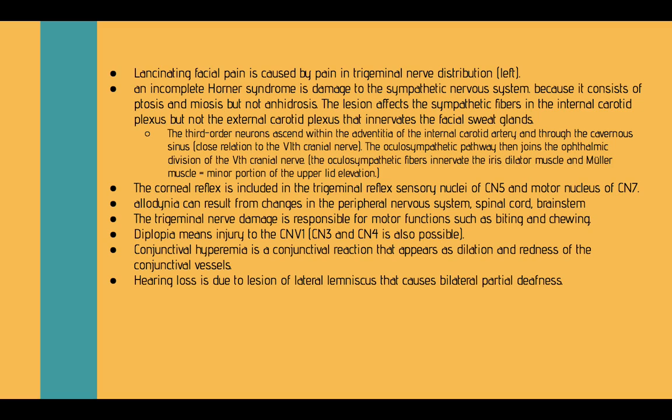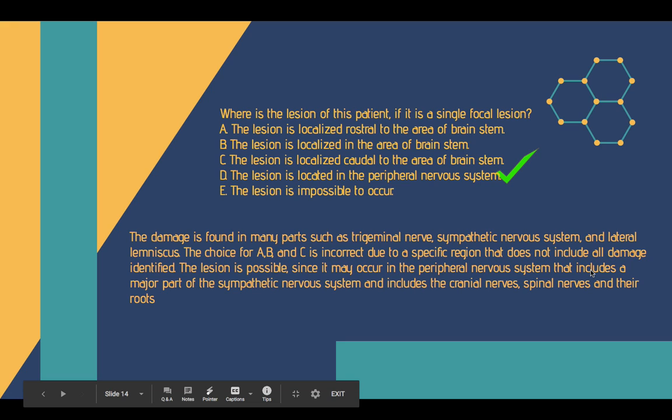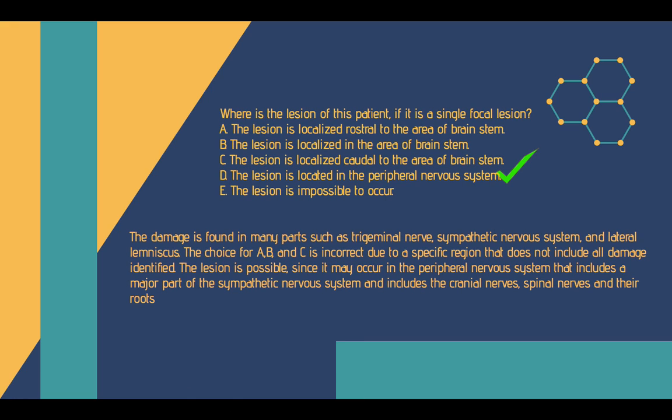And the conjunctival hyperemia shows dilation of the conjunctival vessels around the eye, and hearing loss is due to a lateral lemniscus lesion. So for this question, it could be summarized that there is damage in many parts, like the trigeminal nerve, sympathetic nervous system, and lateral lemniscus.